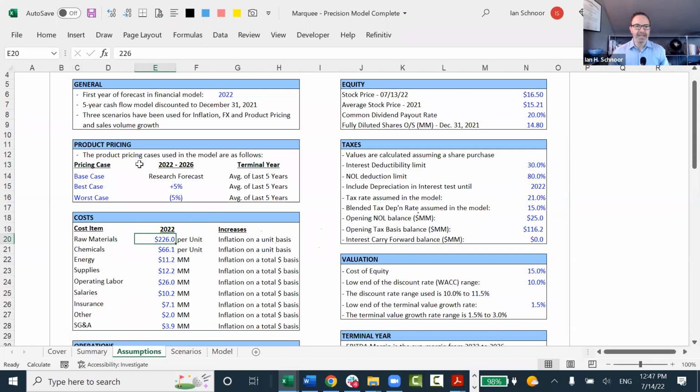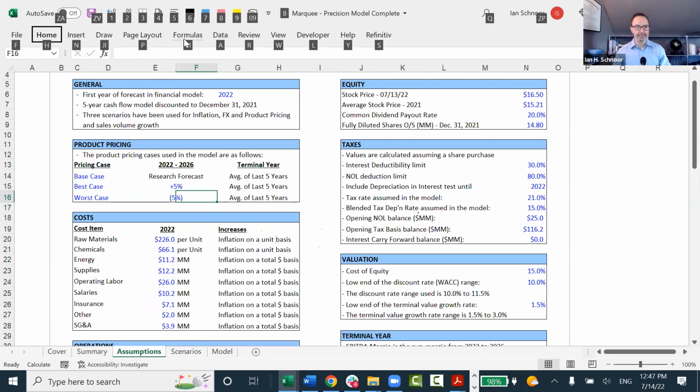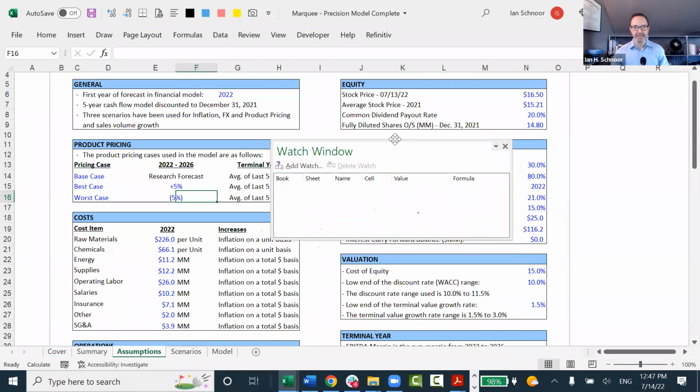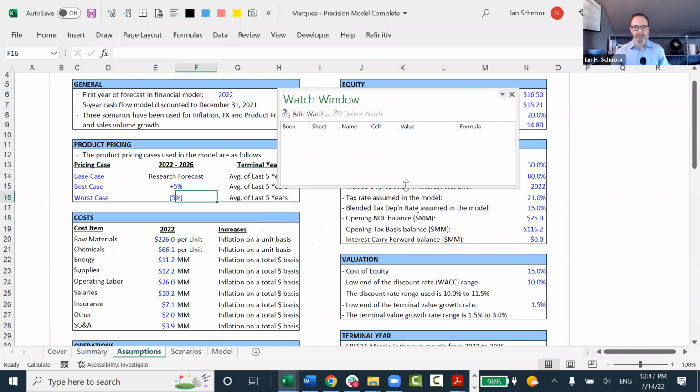So let's pretend I want to play with a bunch of my assumptions and I want to see what that does to my NPV, to my earnings. Watch this. I'll go to the formula, Alt M, and I'll launch the watch window menu, which is W, and you get this box. It's called the watch window here. Look what it does. It says, hey, what do you want to watch? I'm going to click add watch. Do you see that? I'm going to say add watch.